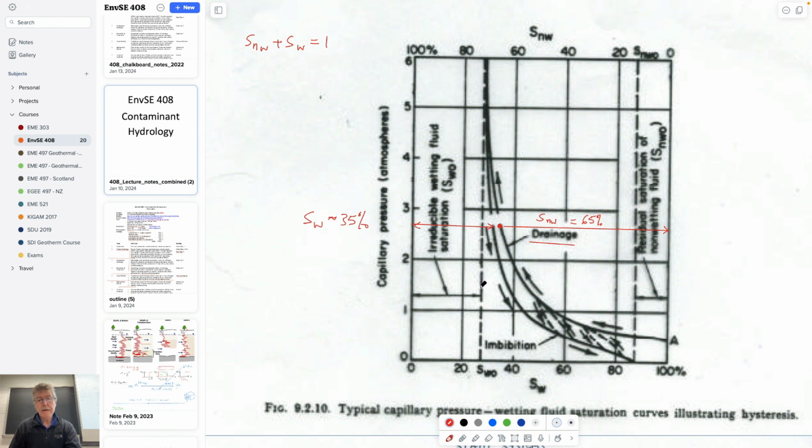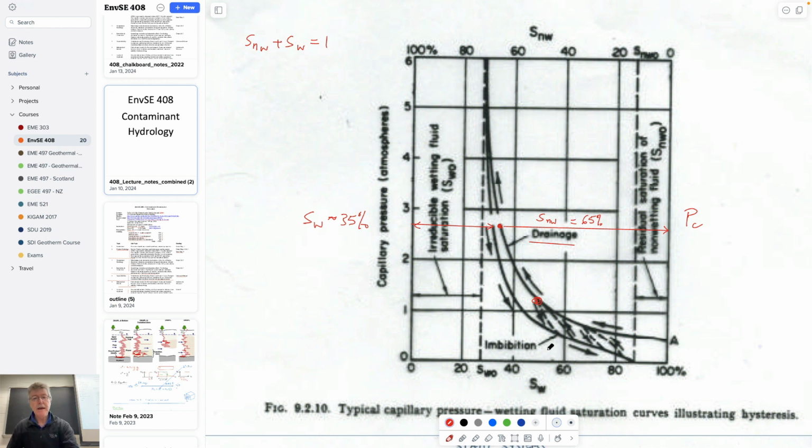One is that if you drain fluid from it and you stop at some location, then if you reduce the capillary pressure again, so this is capillary pressure on this curve, then instead of going down this same curve, there's some hysteresis. And so you go across what are called scanning curves, and it means that you get onto this other limb of the curve by going directly across it rather than going down here somehow.